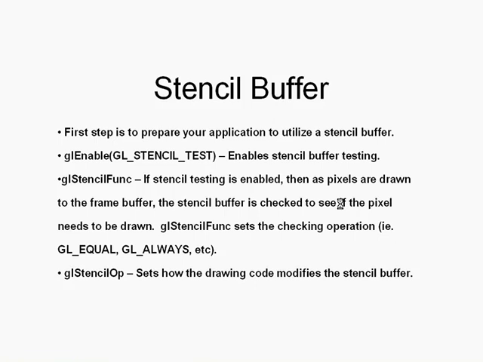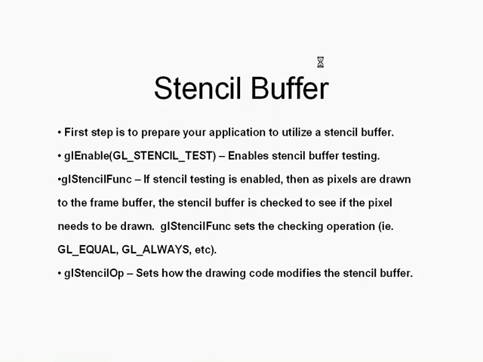So what we need to do is use two functions: GL Stencil Func and GL Stencil Op. Those are the two things we're going to use for controlling how the stencil buffer is utilized or drawn to. Stencil Func is what says, okay, I have the stencil buffer, how do I want to utilize it?